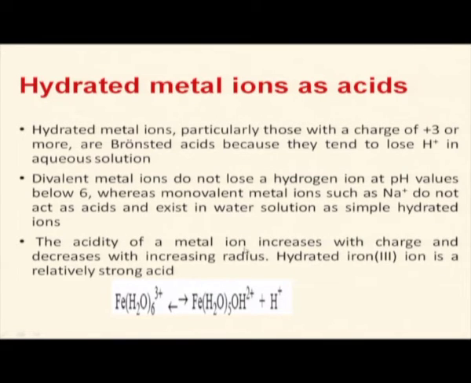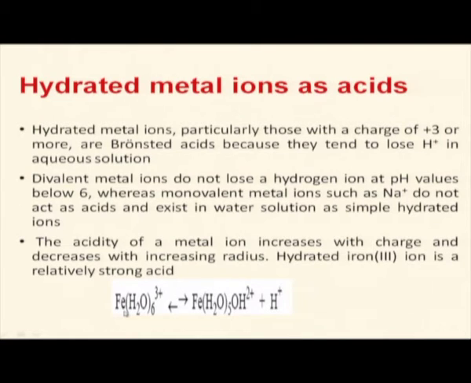The acidity of a metal ion increases with the charge and decreases with the increasing ionic radius of the particular metal ion, and usually a hydrated iron ion with the oxidation state 3 behaves as a relatively strong acid due to this reaction.